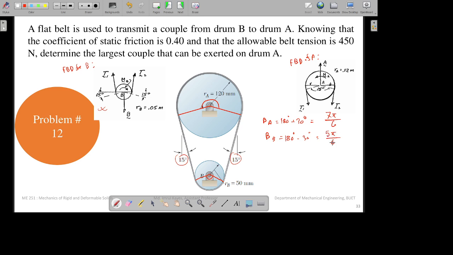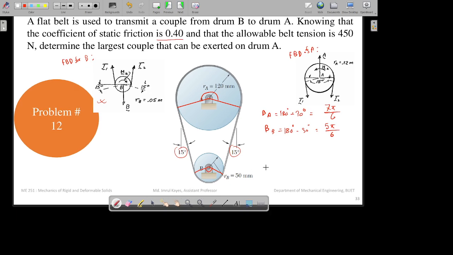So it is 5 pi by 6. As you can see, the static friction coefficient is the same for both the drums or pulleys, so the slipping will depend only on beta. Beta is less for drum B, so slipping will impend first on B. So we are writing the equation for B. The equation will be T2 by T1 equal to e to the power mu into beta.